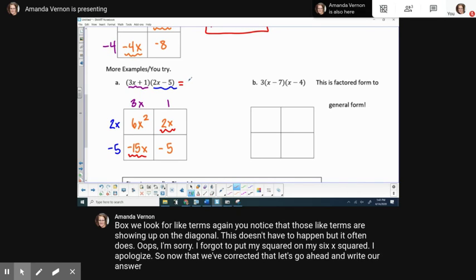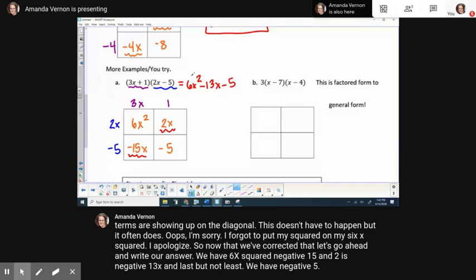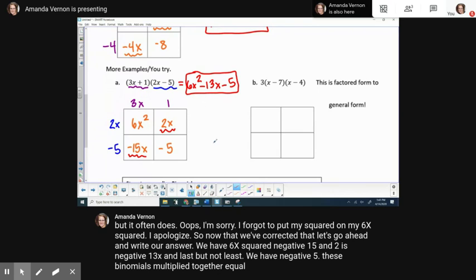We have 6x squared. Negative 15 and 2 is negative 13x. And last but not least, we have negative 5. These binomials multiplied together equal 6x squared minus 13x minus 5.